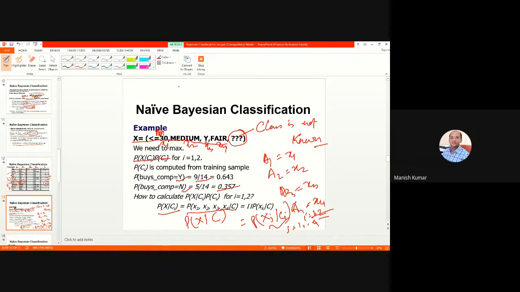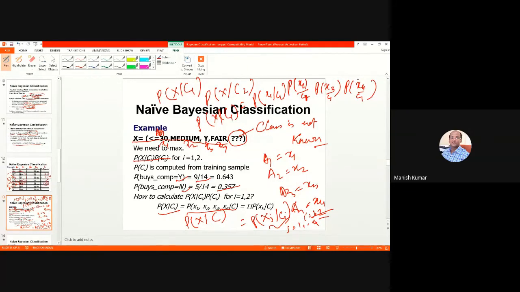So what you need to do is find P(X|C1), P(X|C2). P(X|C1) is nothing but P(x1|C1) into P(x2|C1), then P(x3|C1) and P(x4|C1).